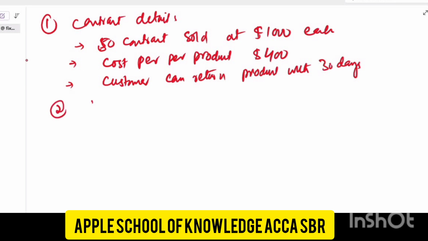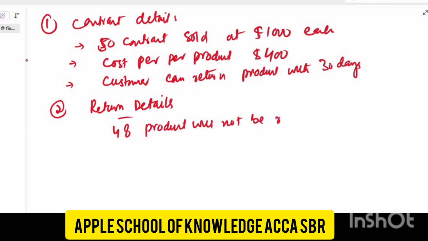Now we have the return details: 48 products will not be returned, and 2 products are expected to be returned.